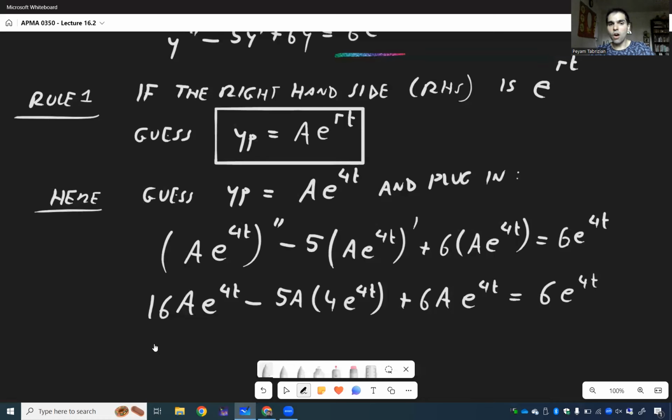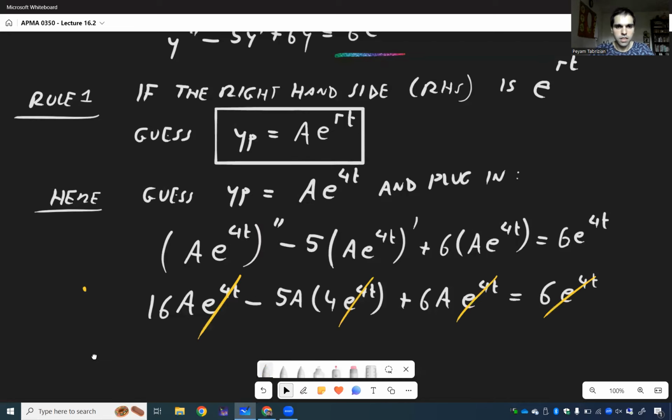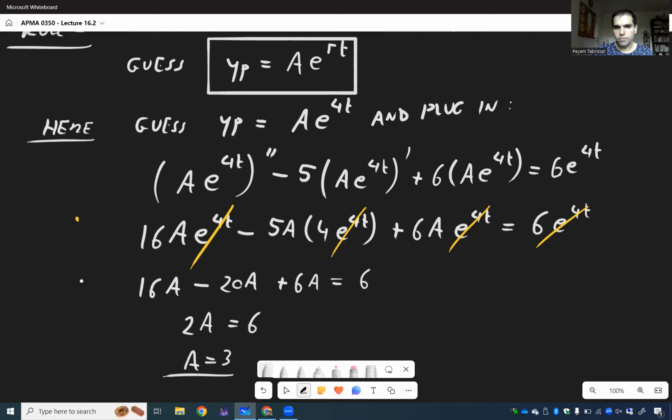Now notice all the e to the 4t's, they cancel out because it's positive. And we then get 16a minus 20a plus 6a equals 6. And I think that simplifies to 2a equals 6. And so a equals 3.